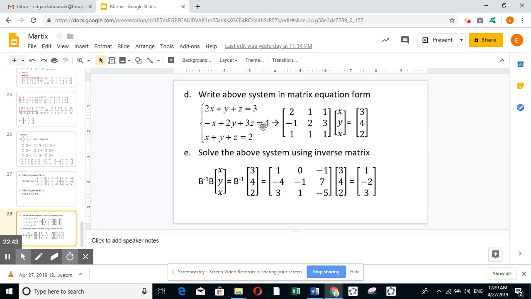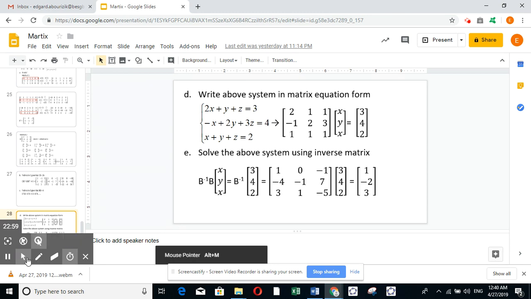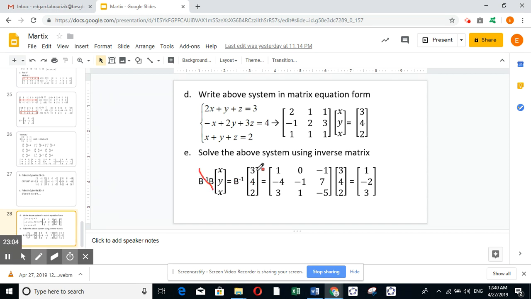I multiply by B inverse to the extreme left. Here I write on that side to the extreme left. So B inverse B, you cancel, remains XYZ. So XYZ will be B inverse times 3, 4, 2.